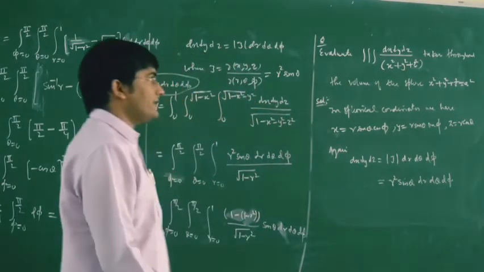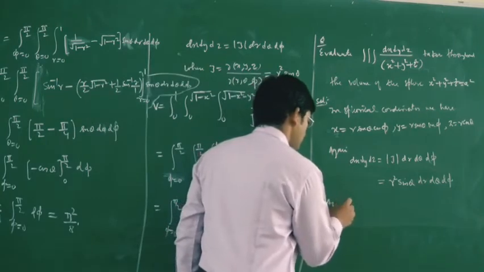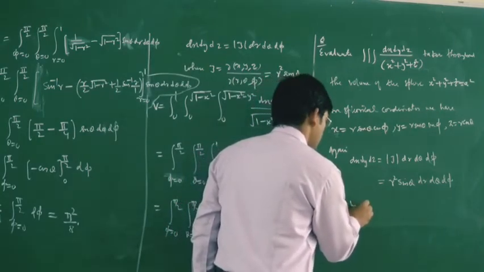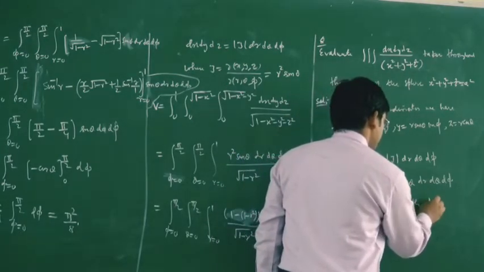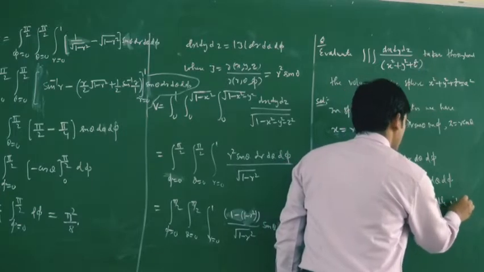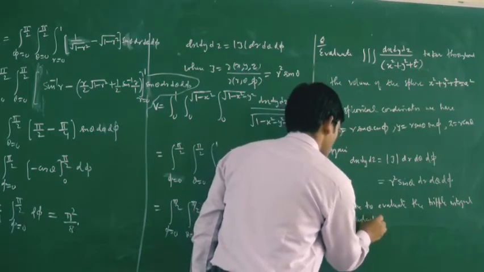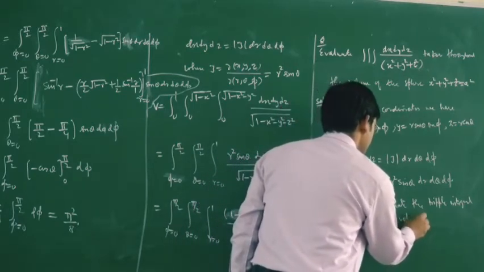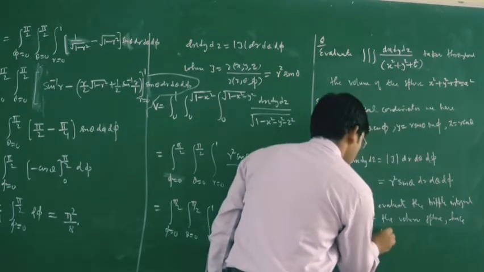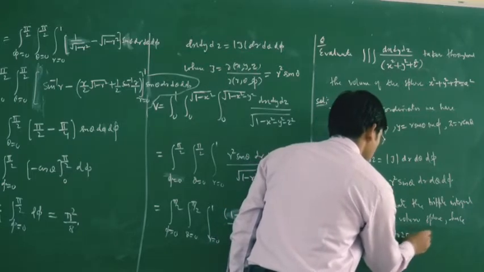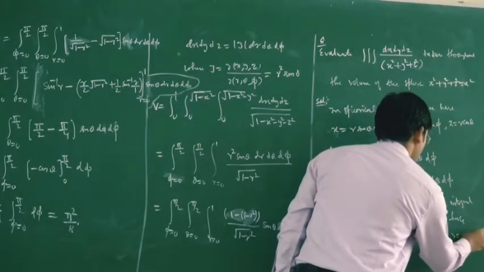Now, as we have to evaluate this triple integral throughout the volume of the sphere, hence our phi will vary from 0 to 2 pi, your theta will vary from 0 to pi, and your r will vary from 0 to a.